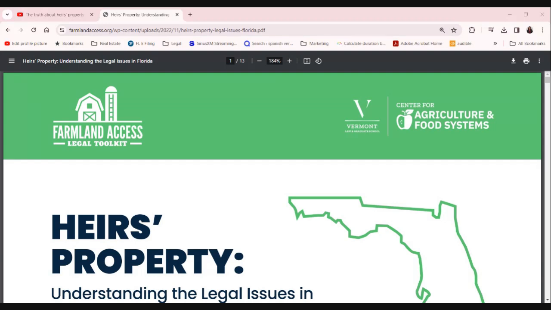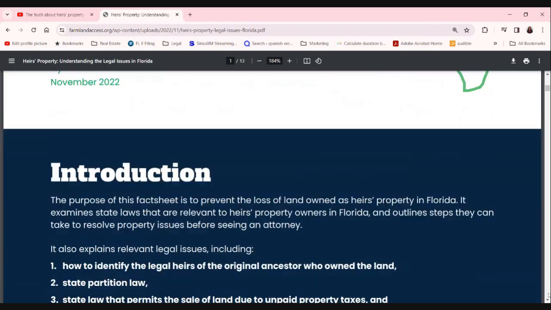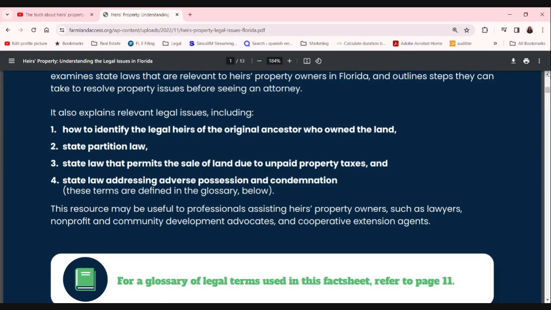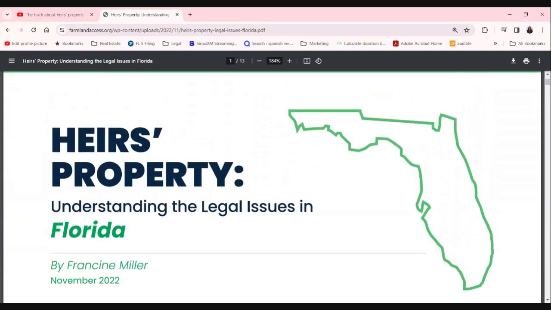So this is a booklet from Farmland Access. Very interesting because this is a booklet for farmers, but it deals with heir property issues, the same kind of issues that Sandy and I deal with in our legal profession, dealing with probate.